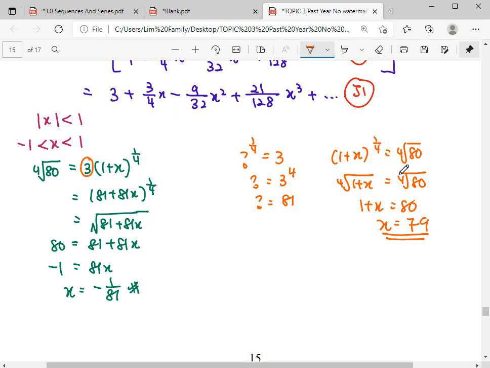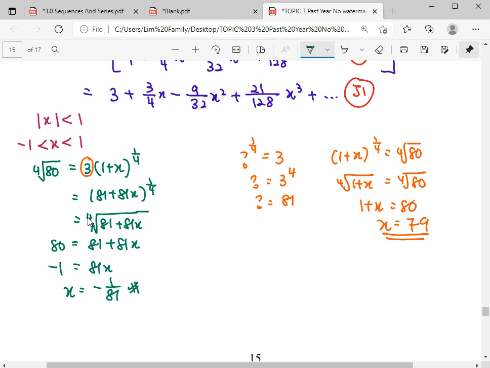So that's why we need to change to another way to compare. Maybe we take the whole part. When you take the whole part, the idea is we have to put back the 3 under the fourth root. Sorry, this is 4, I have to write it clearly. This is the fourth root.